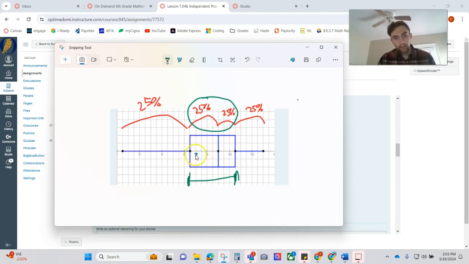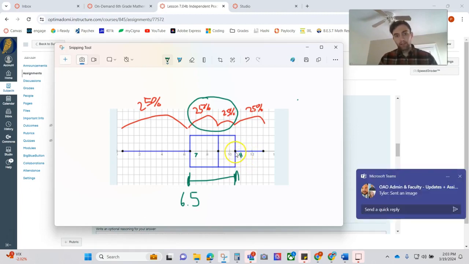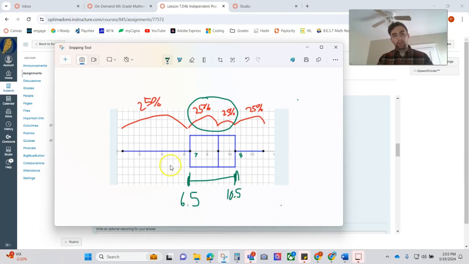So not 6, not 7, but 6.5. Looks like 6.5. And then this is not 10, not 12. That number right there is 11. So that means this is 10.5. So between 6.5 and 10.5.